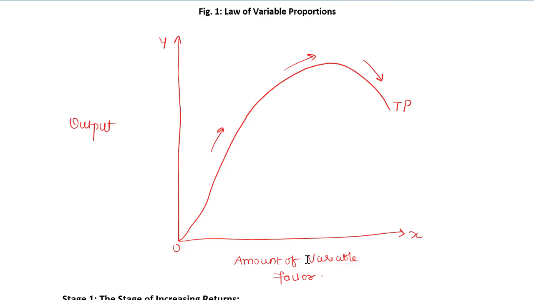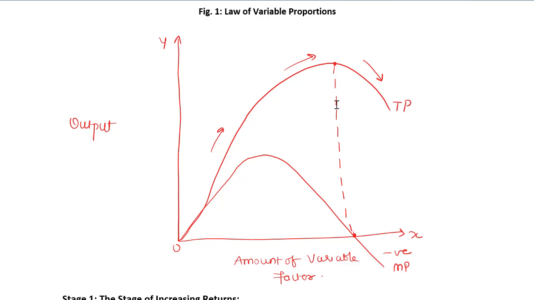I believe you understood. This is the marginal product. When total product is maximum, marginal product is 0. This is marginal product and it will become negative.